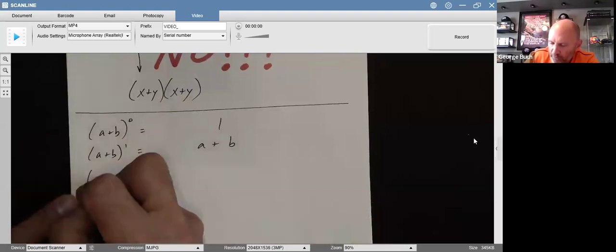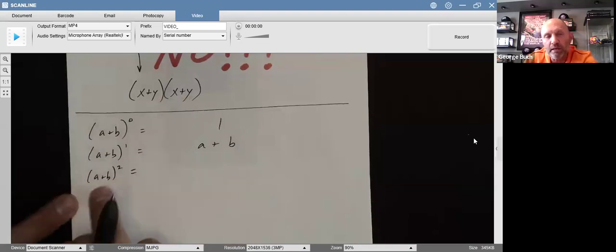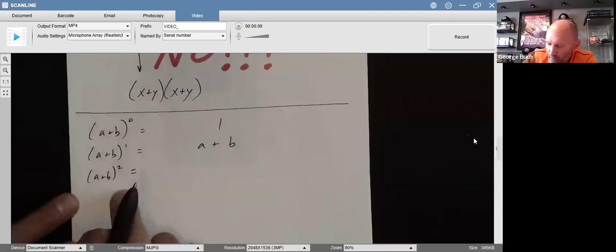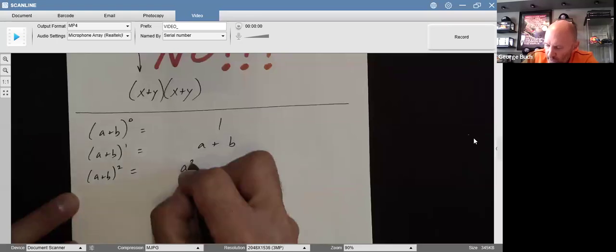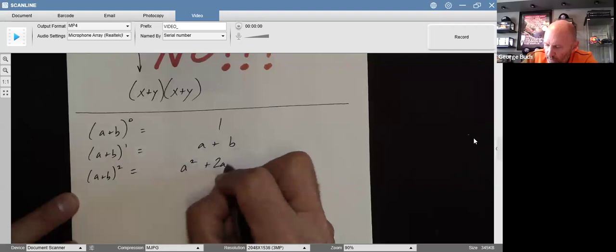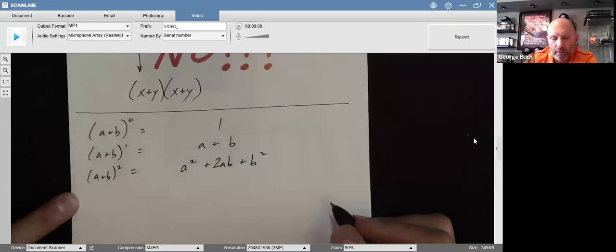If I have a plus b squared, if I was to write this as a plus b times a plus b, what I would end up with is a squared plus 2ab plus b squared. And let's do one more.